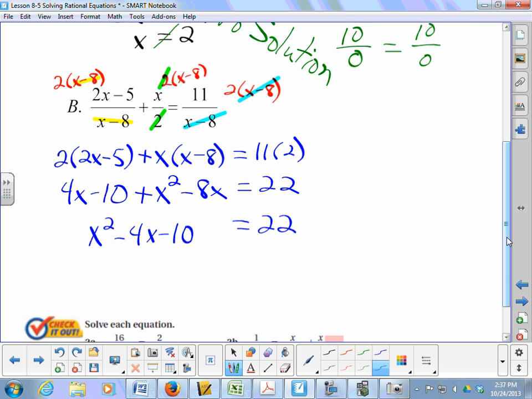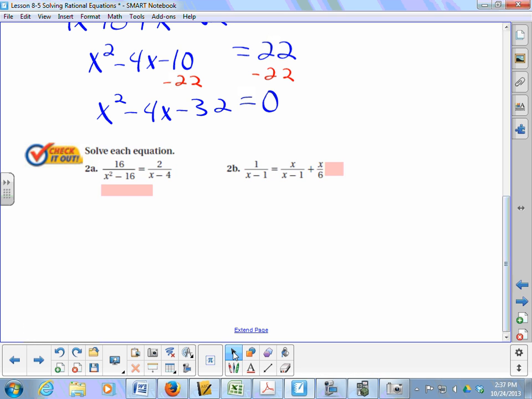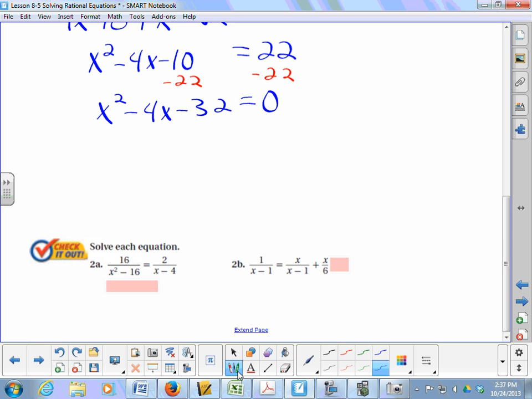So we have a quadratic equation, so we need to get everything on the same side. Okay, nice thing. Got it down to a quadratic equation that we can factor.